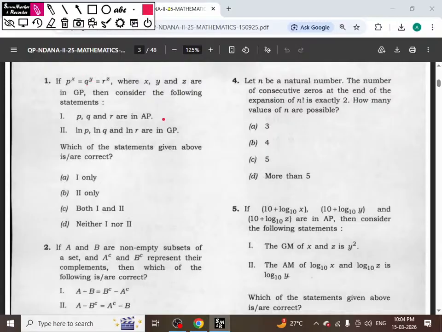So we have been given: if p^x equals q^y equals r^z, where x, y, z are in GP, then which of the following statements is correct? p, q, r in AP. Suppose we take x equals 1, y equals 2 and z equals 3.